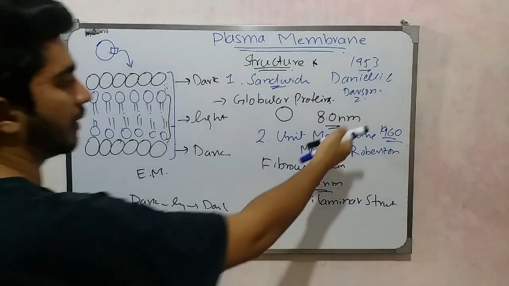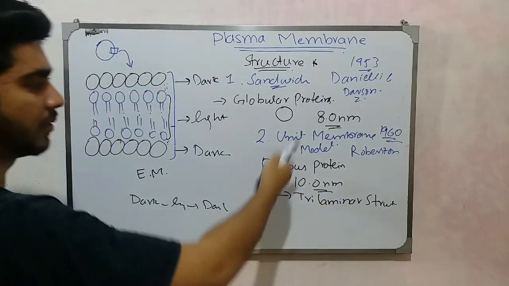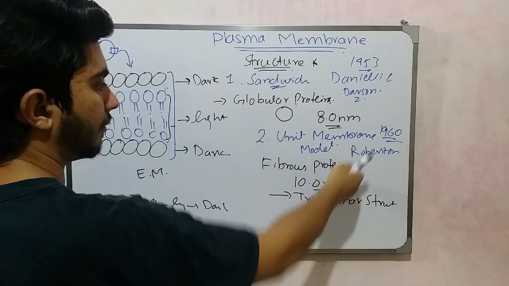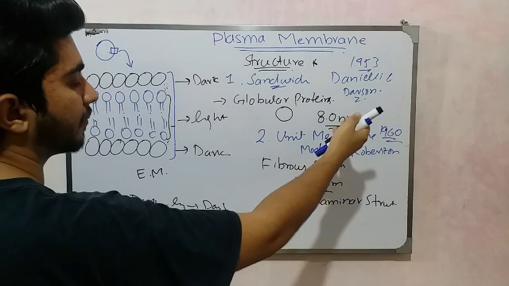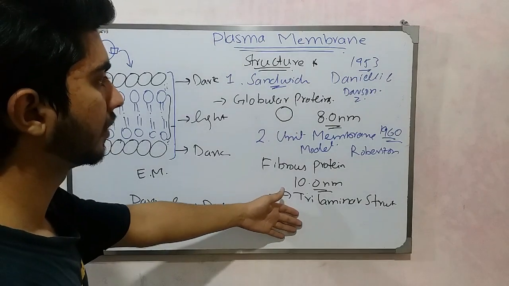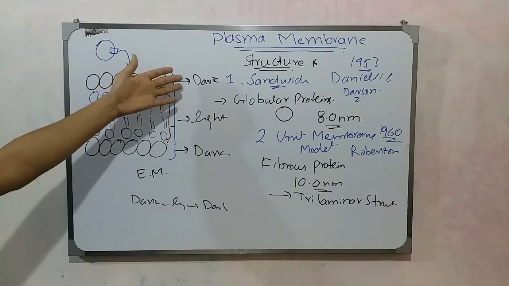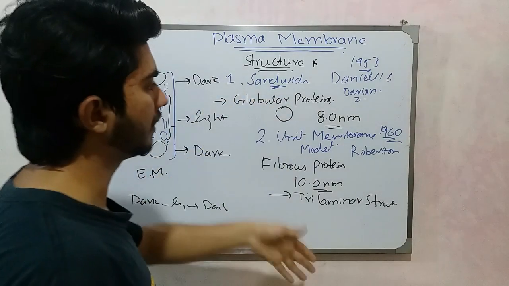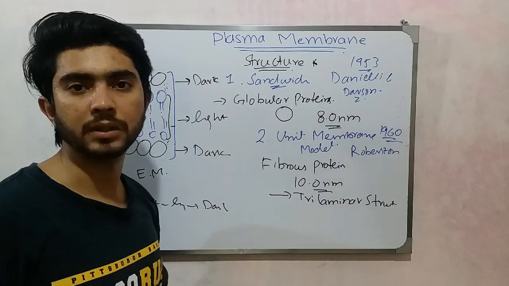One difference is the thickness, 8.0 nanometers. On the basis of size or thickness, there are two differences. And second, Robertson told that this is the trilaminar structure, and here there are globular proteins, while in his model there are fibrous proteins. So there are tiny differences between them.